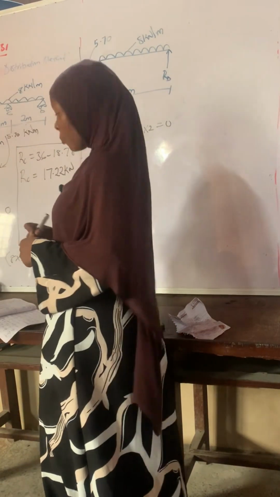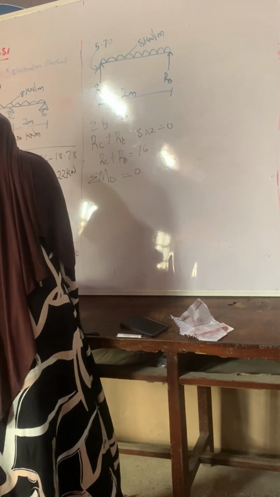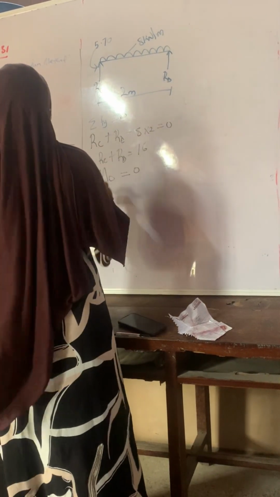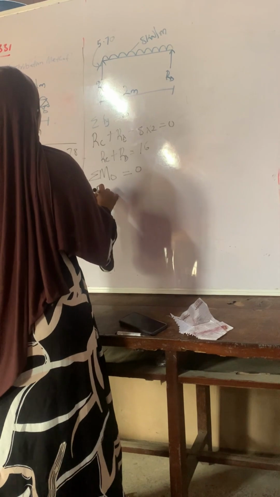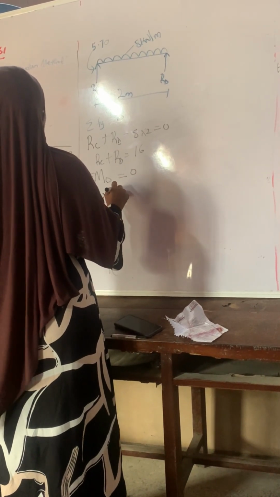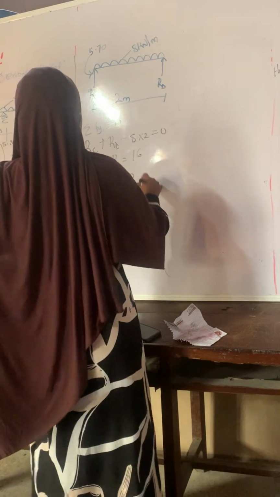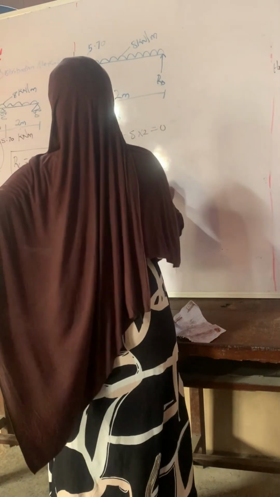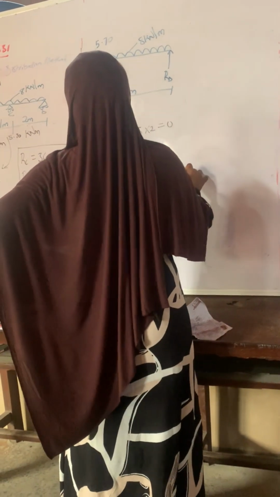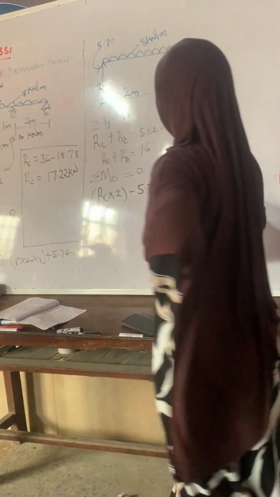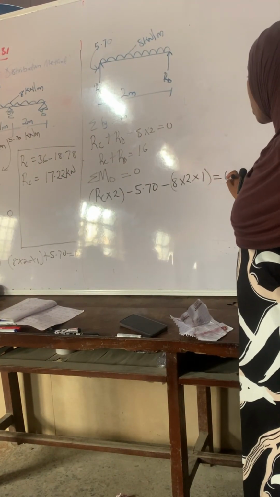Okay, so now I want to take our moment about point D. So we're going to have RC multiplied by 2, then minus 5.70, minus 8 times 2 times 1, equals 0.